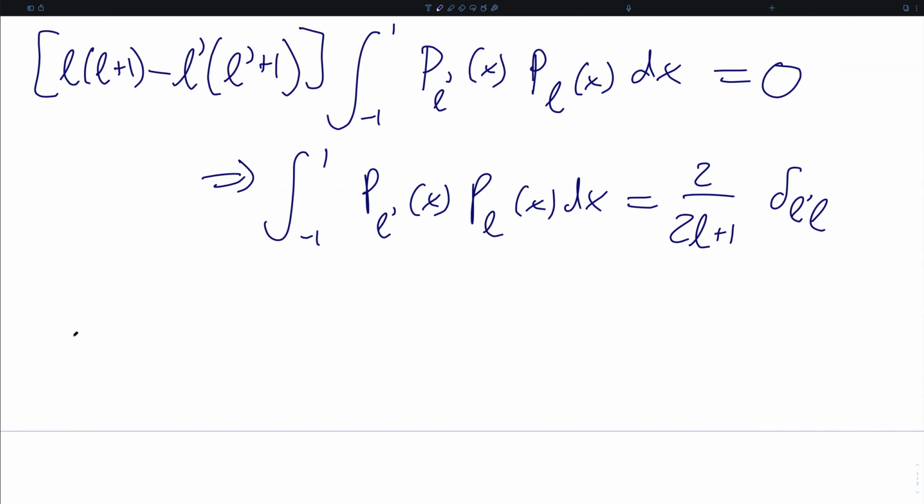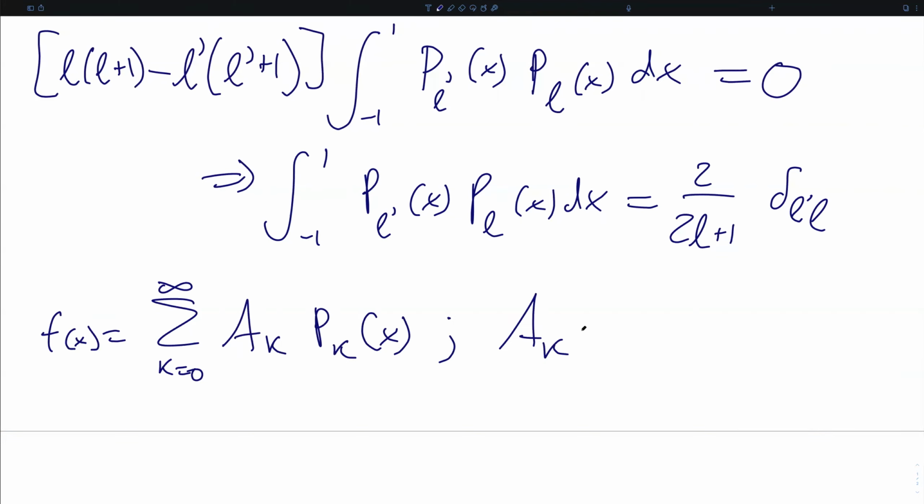And so in general, we can write any function f of x defined on -1 to 1 as the sum from k equals 0 to infinity of a constant a sub k times the kth Legendre polynomial in x, where these a sub k's are given by this normalization.